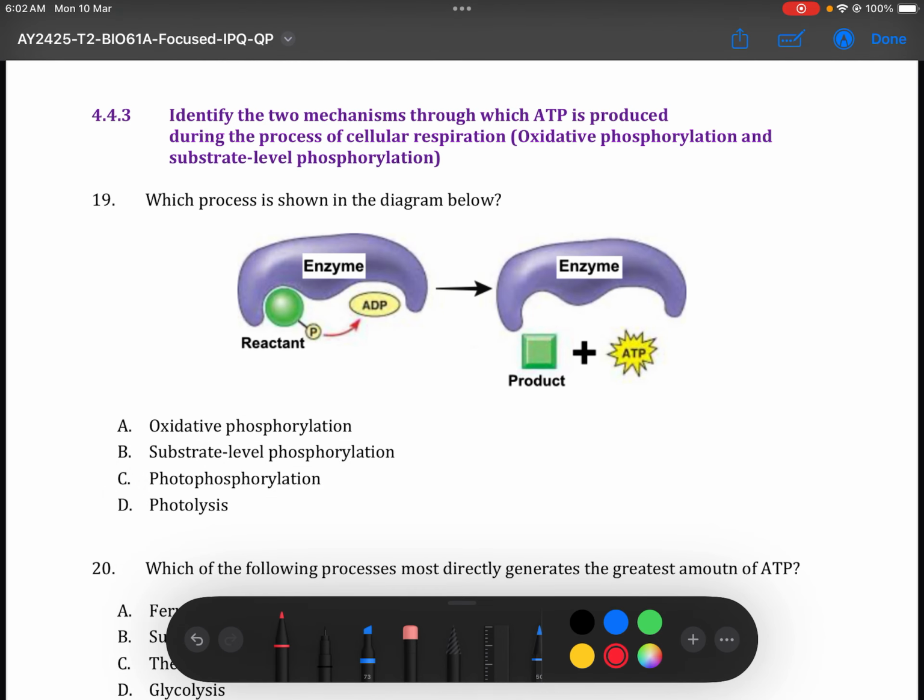Identify the two mechanisms through which ATP is produced during cellular respiration. One mechanism is oxidative phosphorylation, and the second mechanism is substrate level phosphorylation.